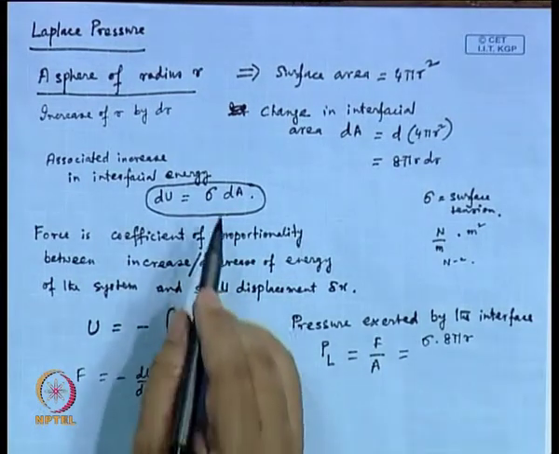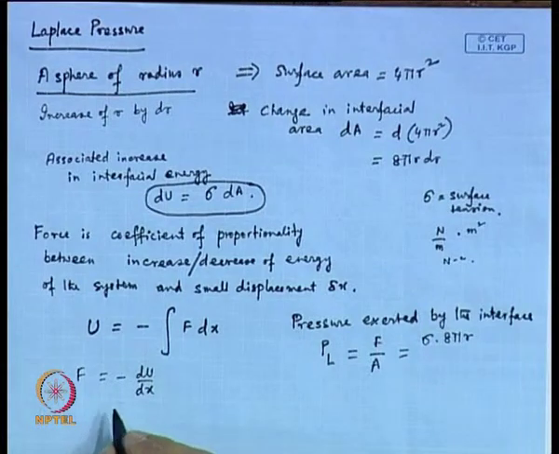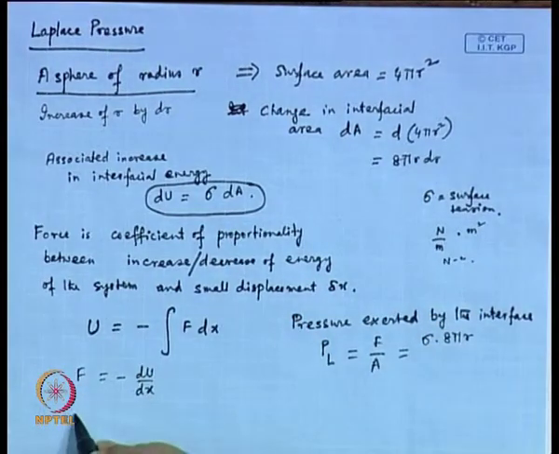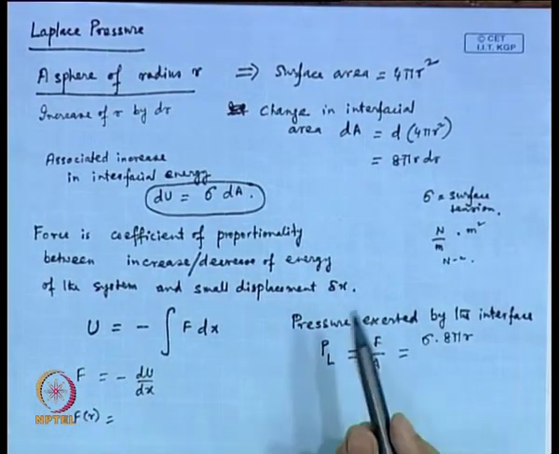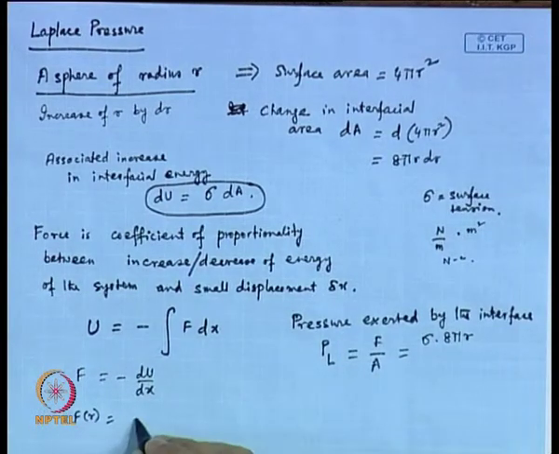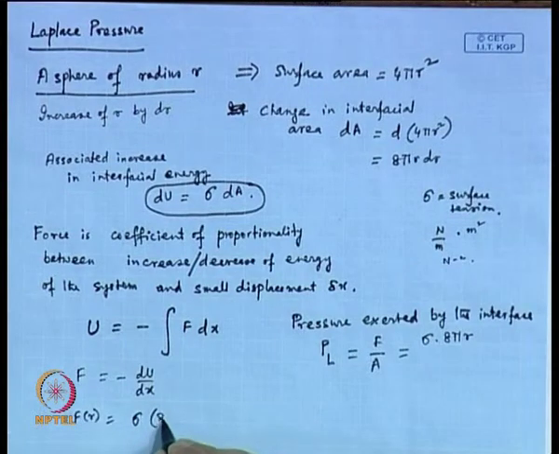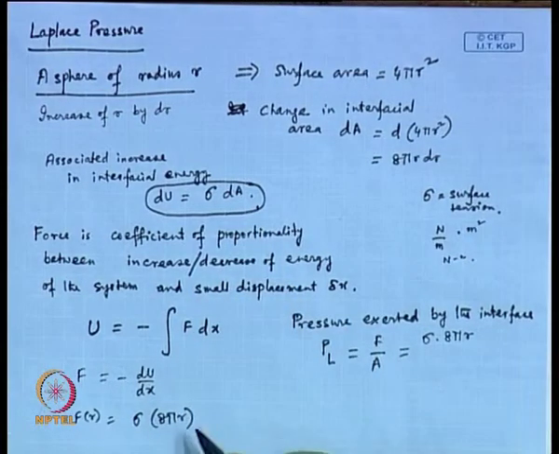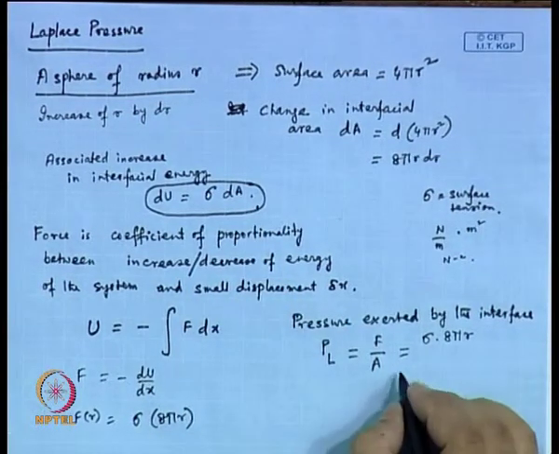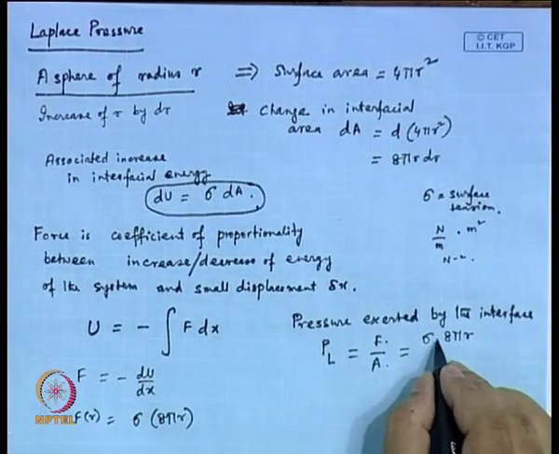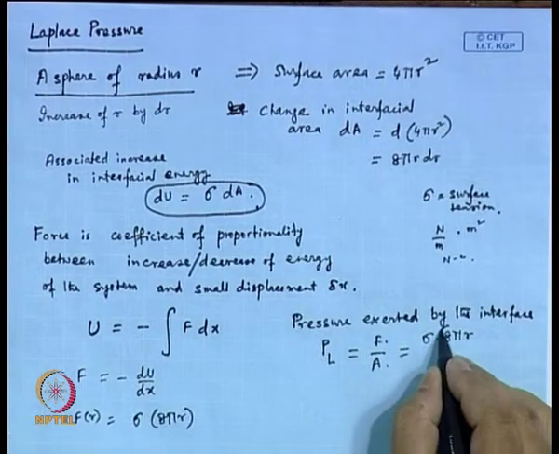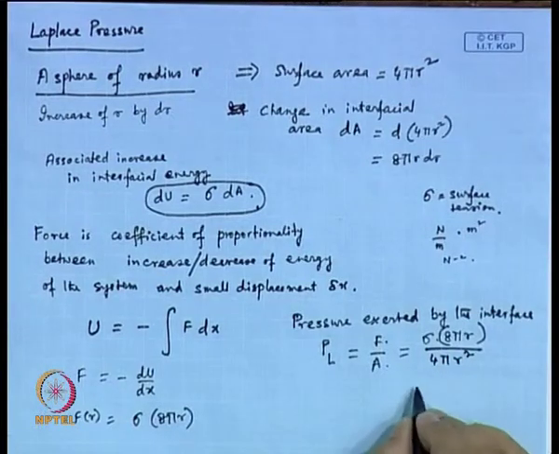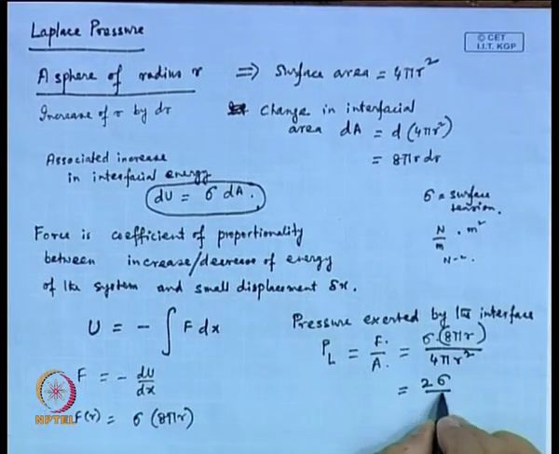So PL is equal to F by A, that is sigma into 8 pi r divided by the area, 4 pi r square, that is equal to 2 sigma by r.